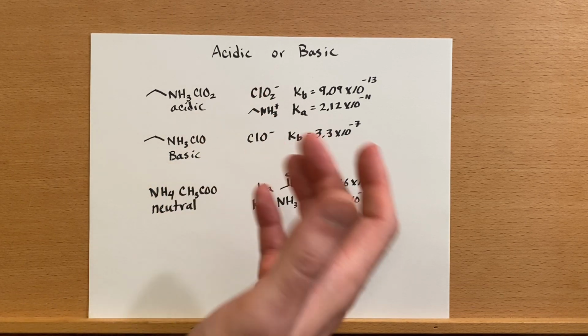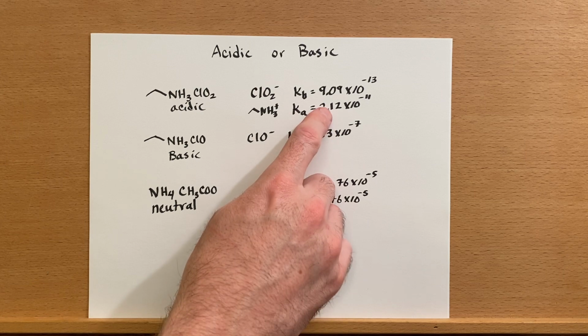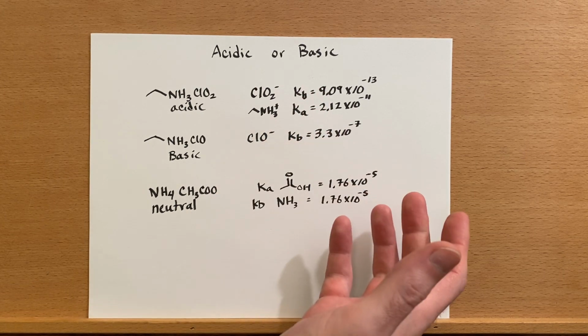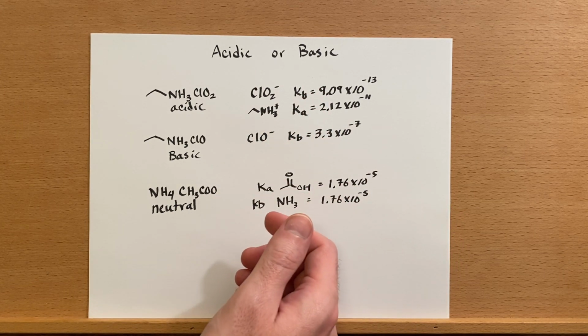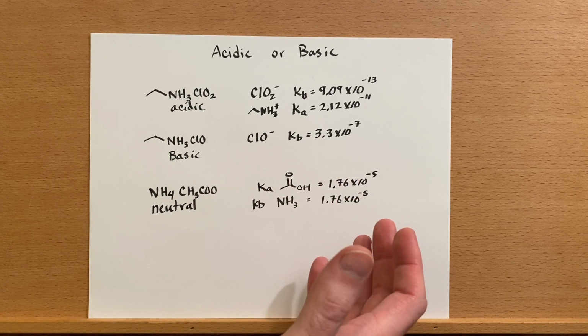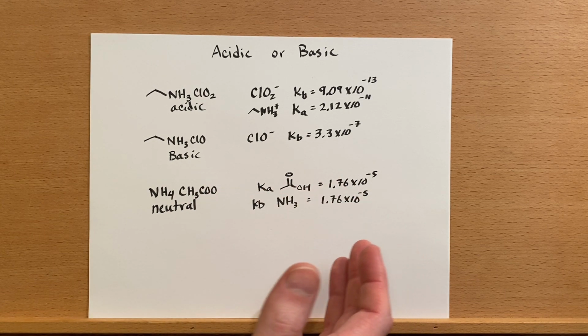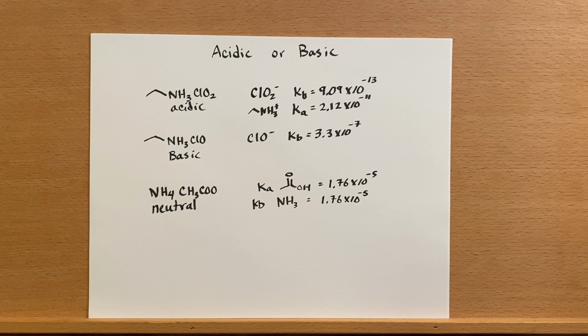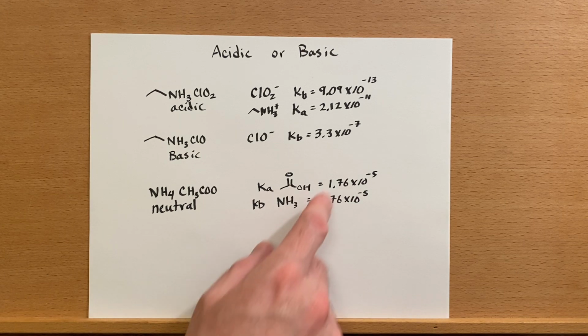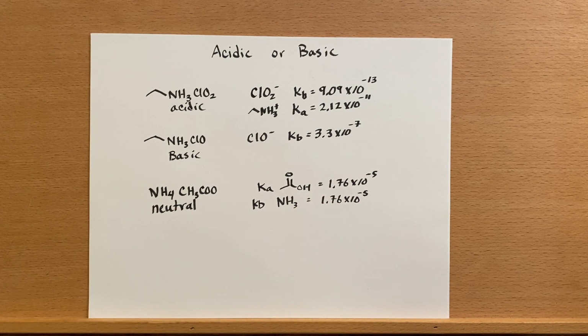And simply pick the larger value for the Ka or for the Kb, and that will tell you whether it's acidic or basic. If the Ka is bigger, that solution will be acidic. If the Kb is bigger, that solution will be basic. And if they are the same value, the solution will be neutral.